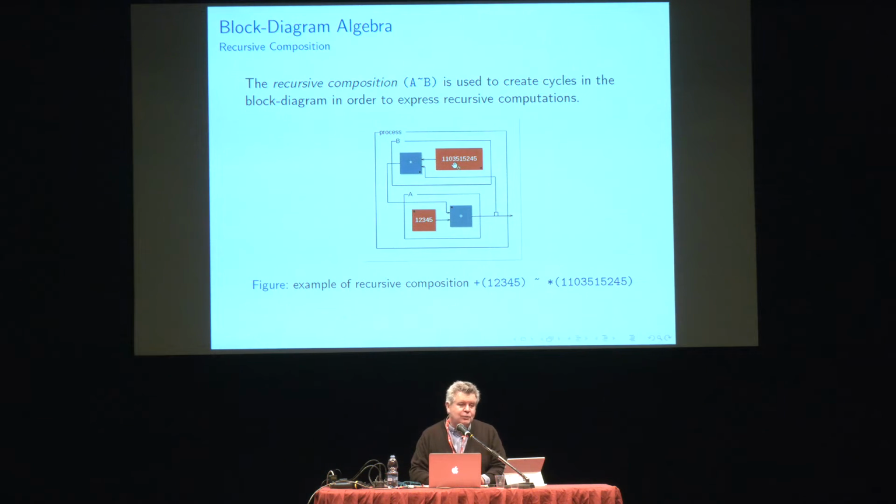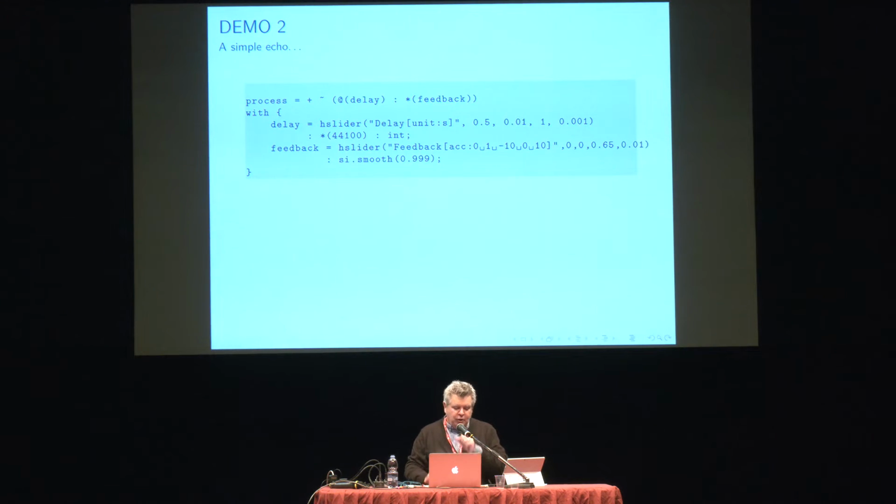Basically, it takes 2 circuits, A and B. So you draw the A circuit here, you take the B circuit, draw it reversed on top of A, then you connect all the inputs of B to the corresponding outputs of A, and all the outputs of B to the corresponding inputs of A. It's more or less like this. It's a little bit more complex, but we will see that in a moment. Okay.